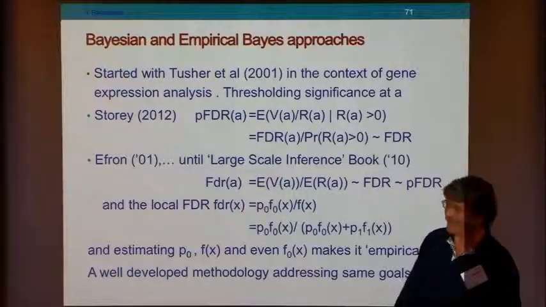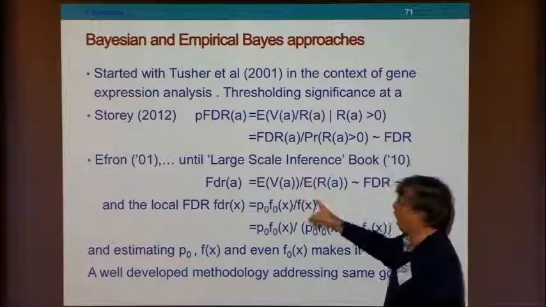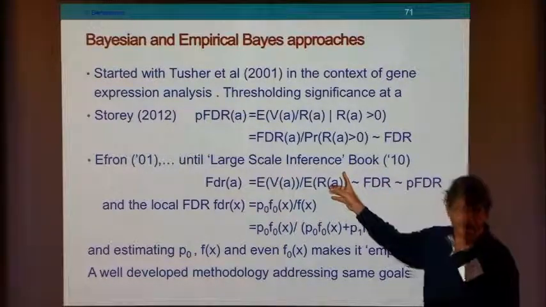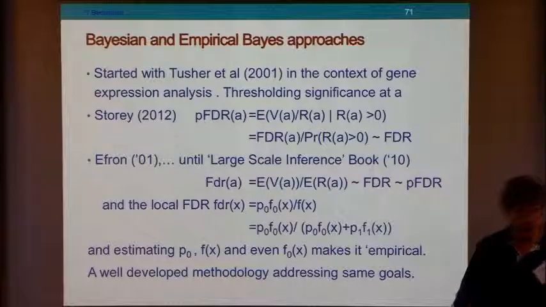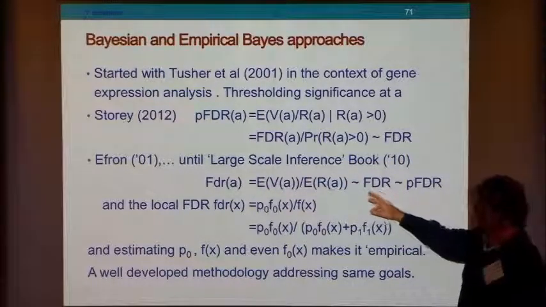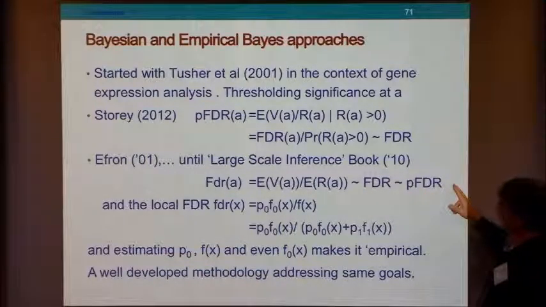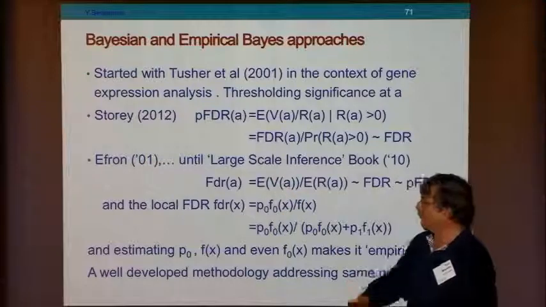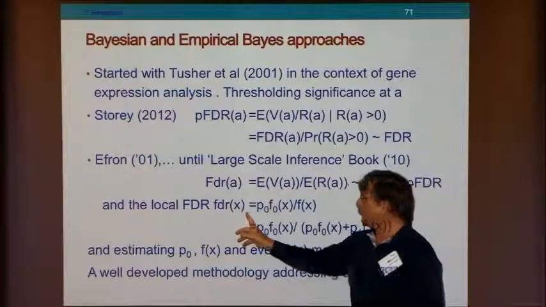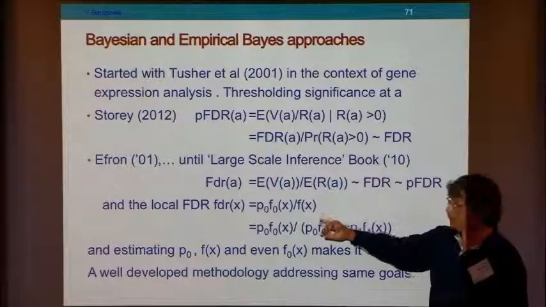So he says this is the expected value divided by the expected value, instead of the expected value of the proportion. And in large problems, it's the same as FDR and the same as the positive FDR. But then you can take its derivative and you get the local FDR, which is essentially getting close to the Bayes factor and so on.